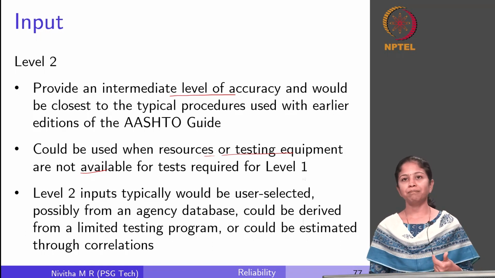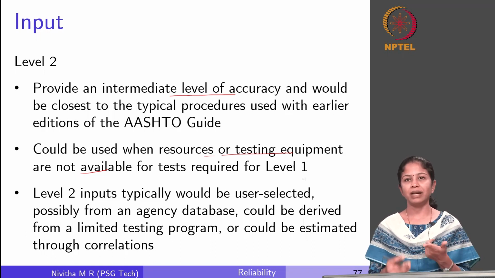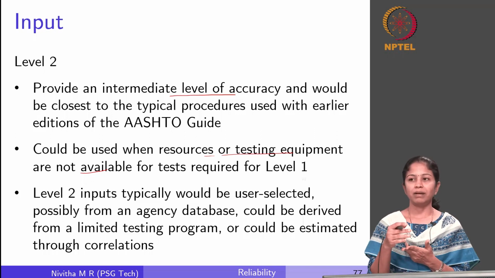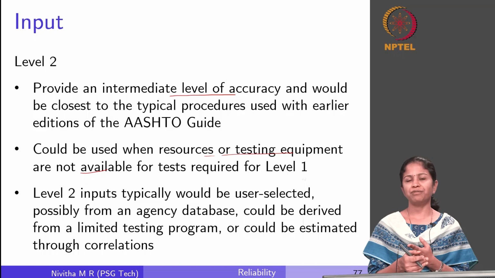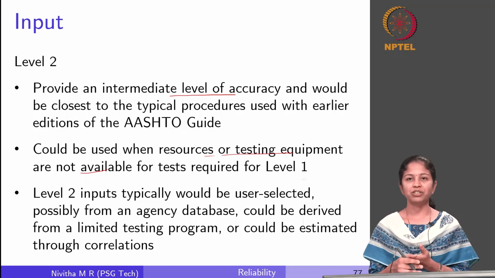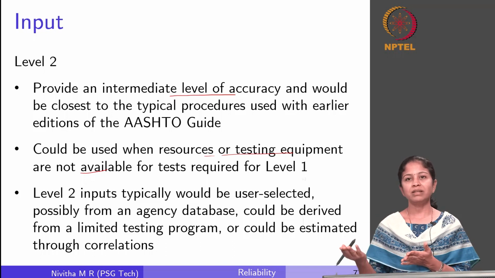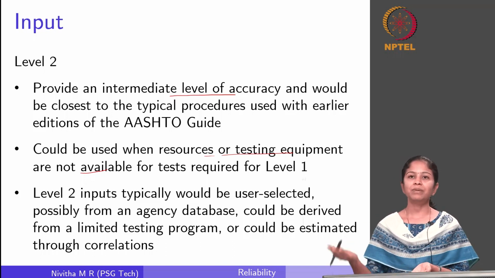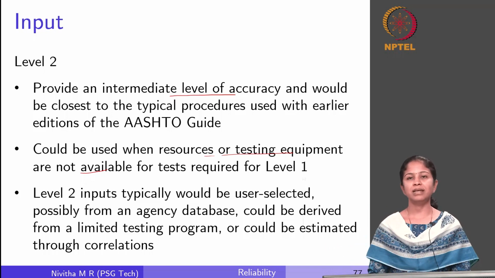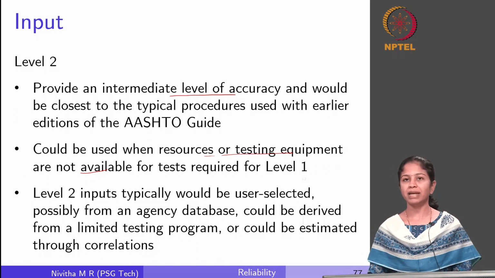So, whatever is the parameters which I will be able to measure, like the lateral distribution factor, lane distribution factor, whatever I am able to measure, I will measure it, and whatever is tedious to measure, like the axle load spectrum, I will assume from an agency data or from the historic data, right. So, here it is not as accurate as level 1, but still we are making some measurements specifically at that site.